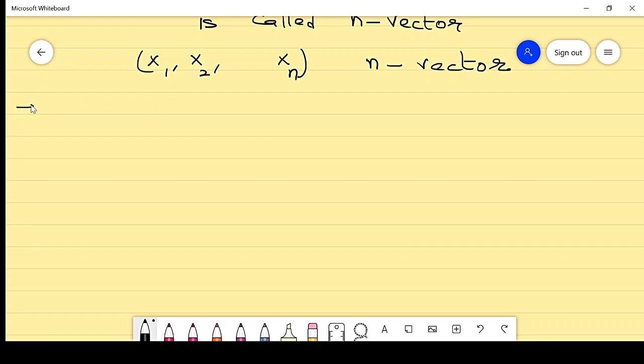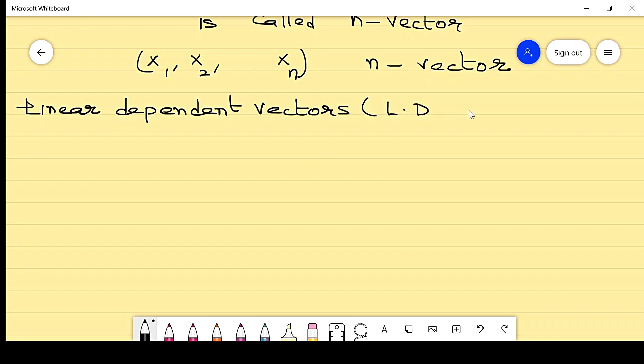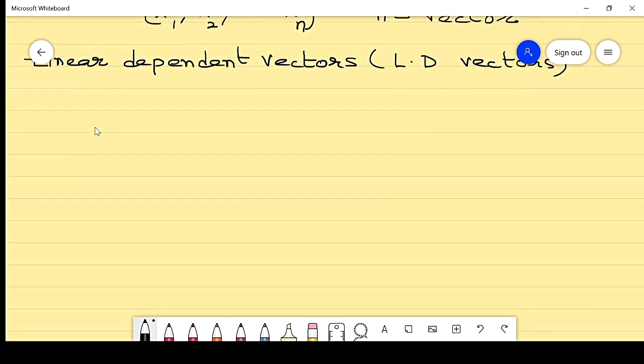So first, linear dependent vectors. Also we can say LD vectors. So what is the definition of LD vectors?